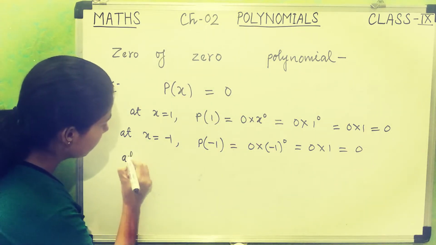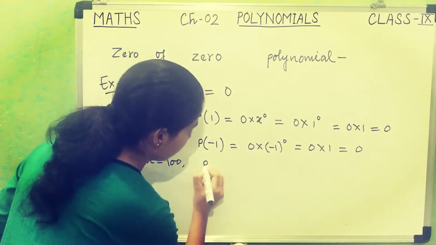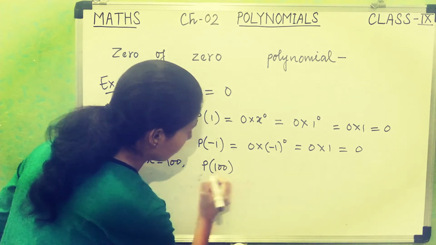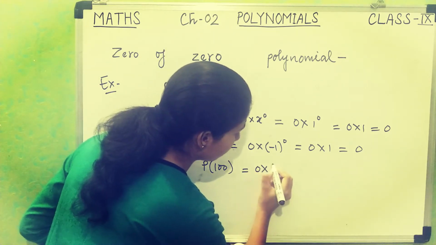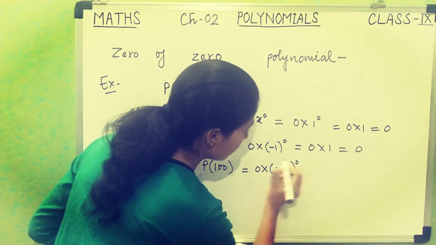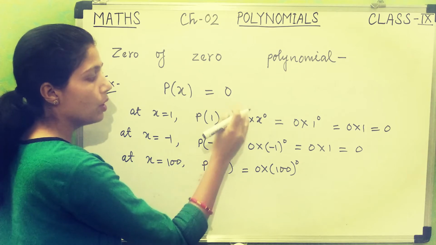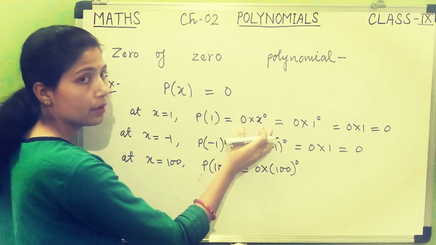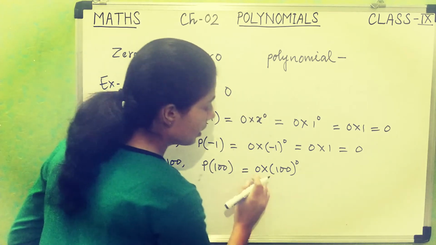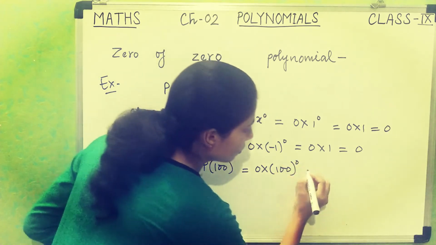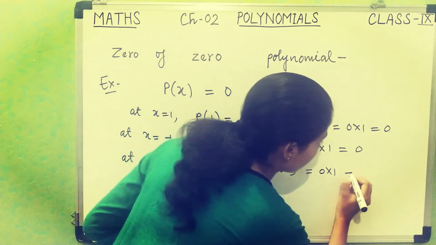Let's take another value, suppose x equals 100. The polynomial value at x equals 100 will be 0 into 100 raised to power 0. We are putting this because any constant value you can write in this way, by taking power 0 of the variable. So 0 into 100 raised to power 0 will again be 1, and 0 into 1 is 0.